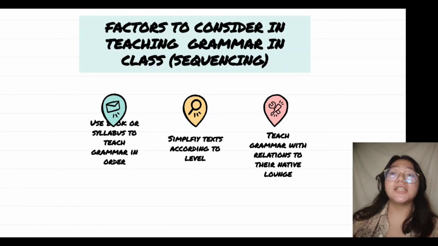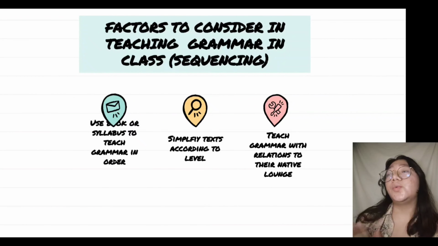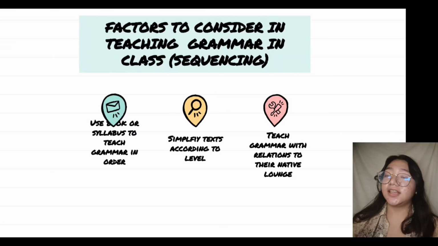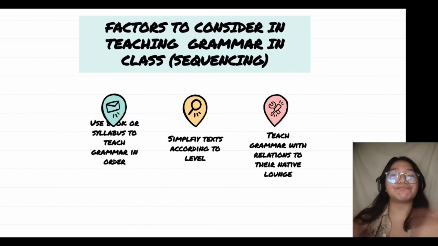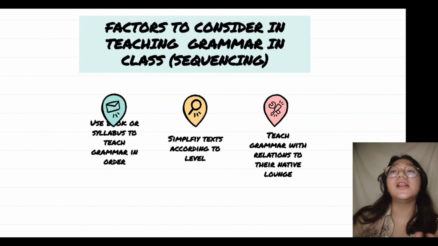Then, she translated it in English. So, like for example, the word Filipino is ano. So, she translated it into English and it became what.